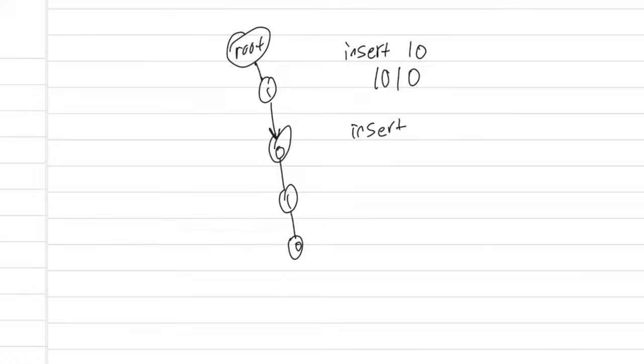We're going to insert 1100, whatever this number is, 12. So we're going to go down and we're going to see that 1 is already in the trie, right? But we see that the second bit is not in the trie here. So we're going to branch off here and then we're going to add the rest, right?